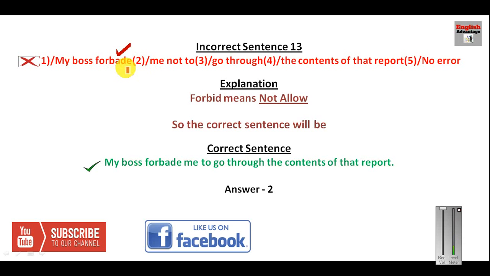So this word forbid means not allow. This word itself says not allow. This word already contains not. So here you cannot use the word not. The boss forbade me to go through the contents of the report. With forbade you do not use not. So your answer will be 2.